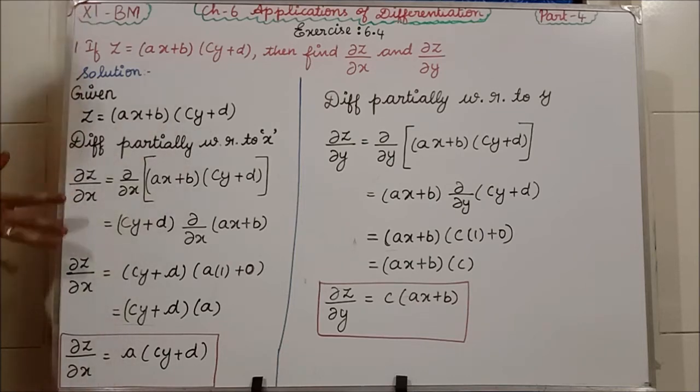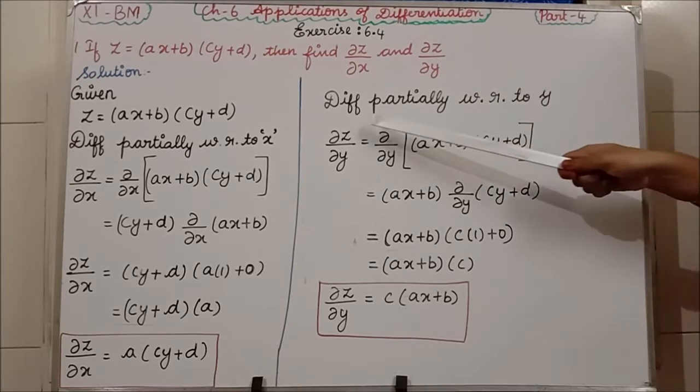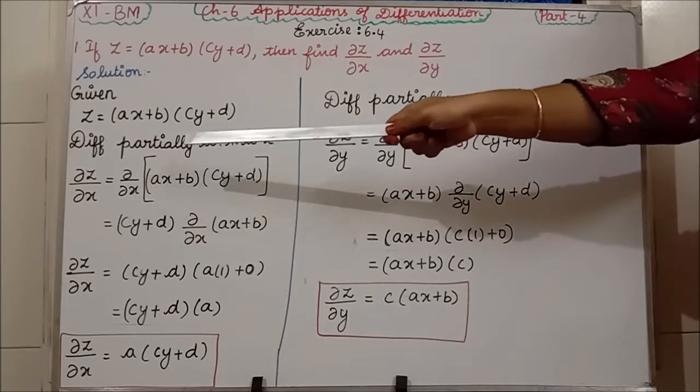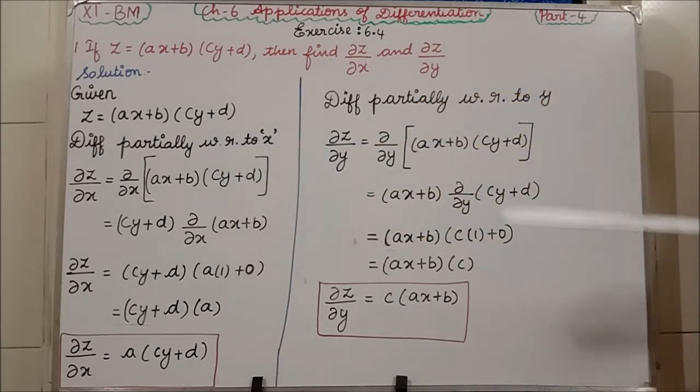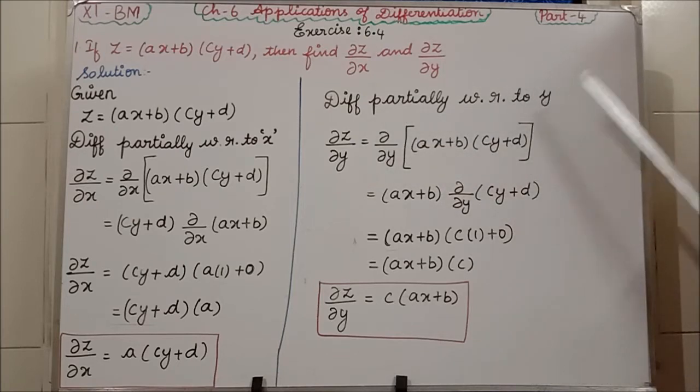Yes, the same thing we are going to apply, differentiating partially with respect to y. When you are differentiating partially with respect to y, you have to keep the x as constant. Here now you see, dou z by dou y. Here we did dou z by dou x, isn't it? Now we are going to do the partial differentiation with respect to y.